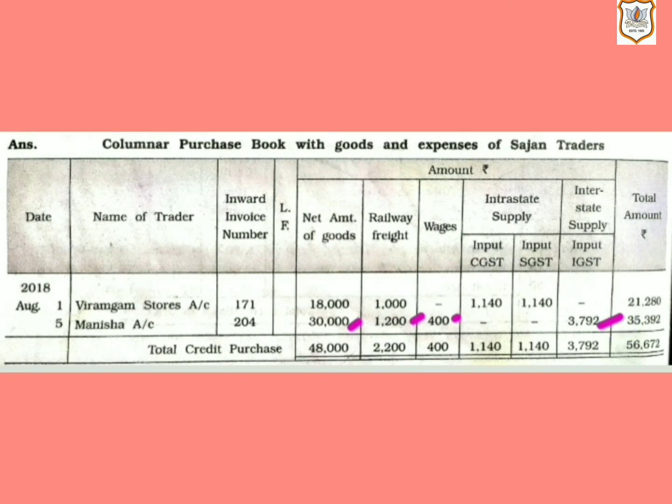Now we will write total amount, that means 30,000 plus 1,200 plus 400 plus input IGST, that is 3,792. So here that comes to 35,392. So that means 35,392 we will pay to Manisha in future.